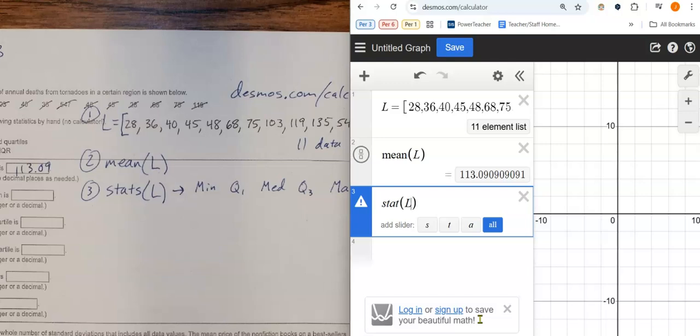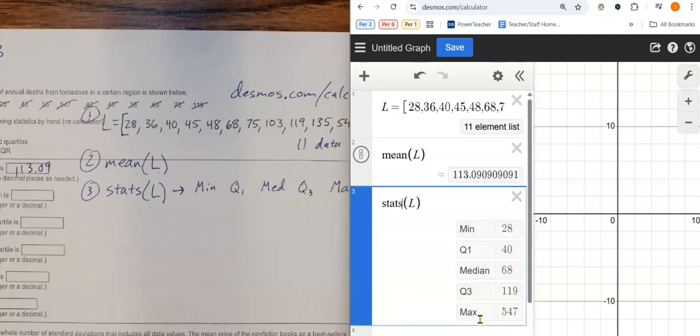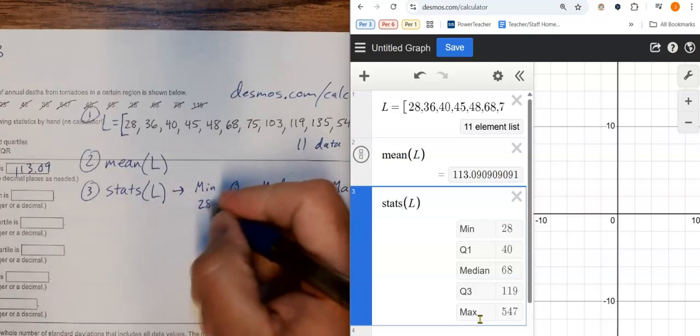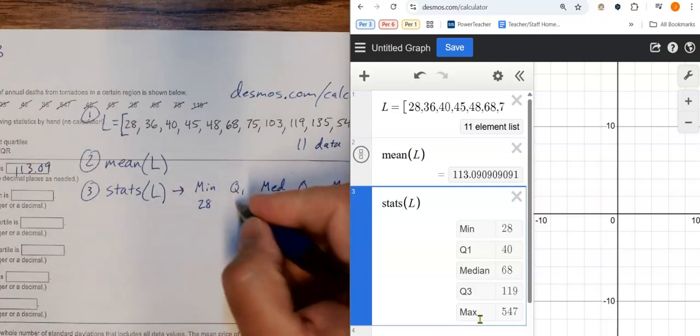They forgot it's plural. Then they do this. Mr. Staley, what's wrong? I can't get the 5-number summary. I'm like, well, stats is not spelled like states. So, I just want you to realize it's stats. That's why we write things in our notes. So you don't look at me and go, it's not giving me the 5-number summary.